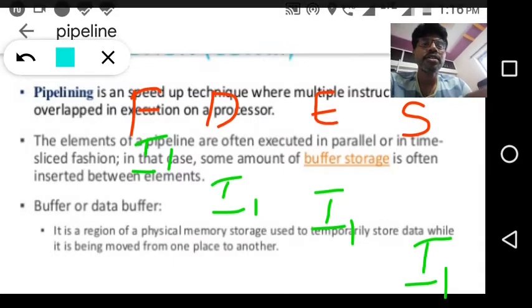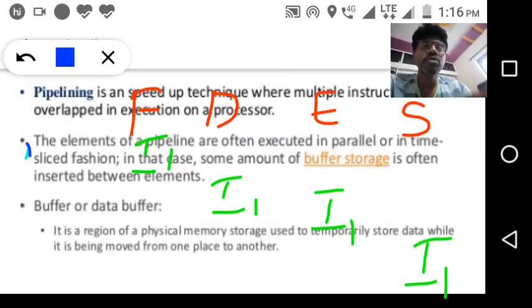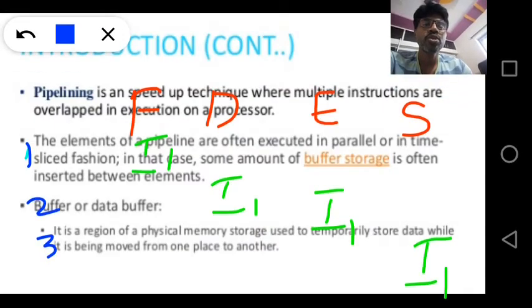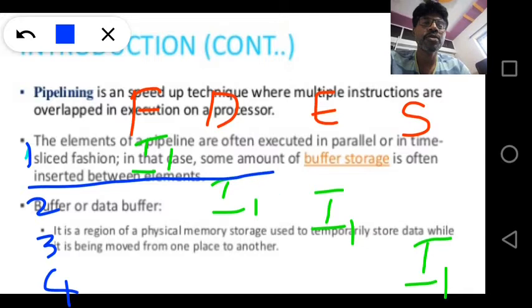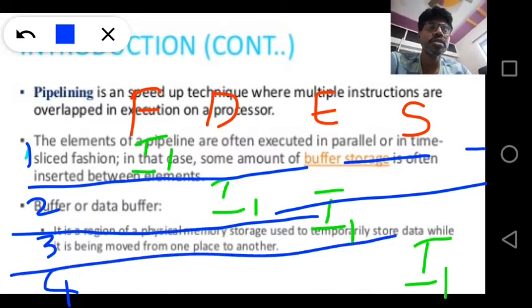This is the first stage, this is the second stage, this is the third stage.